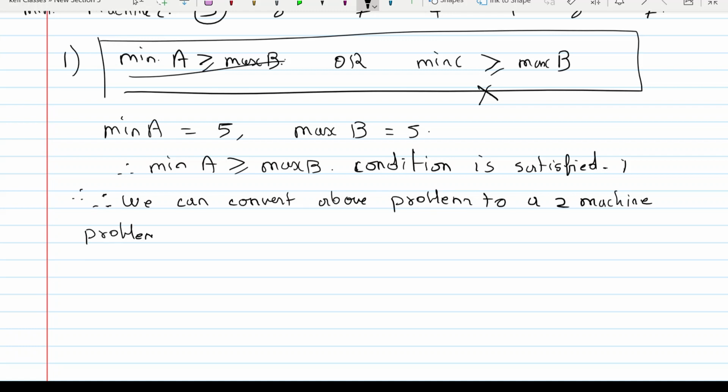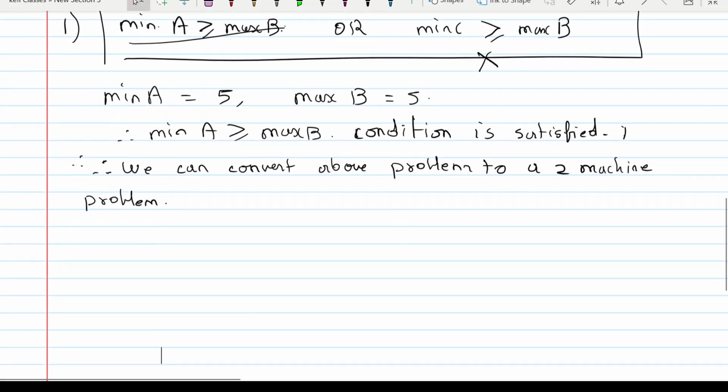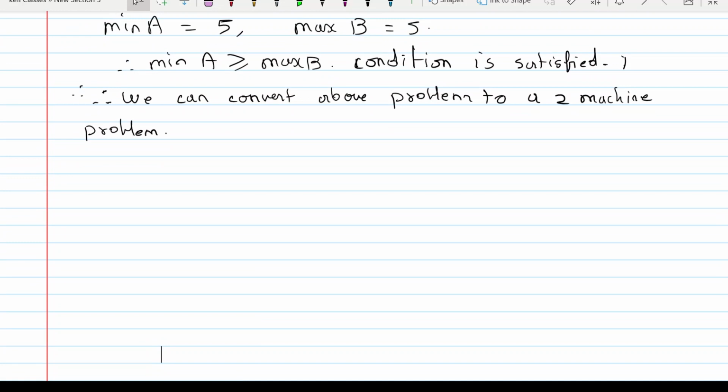We can convert this problem to a two machine problem. This problem is from Exercise 7.2, sixth problem. So to convert it to a two machine problem, what should we do?